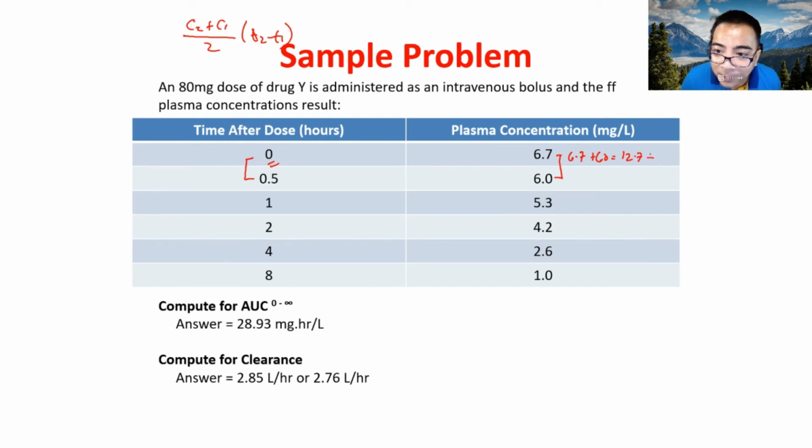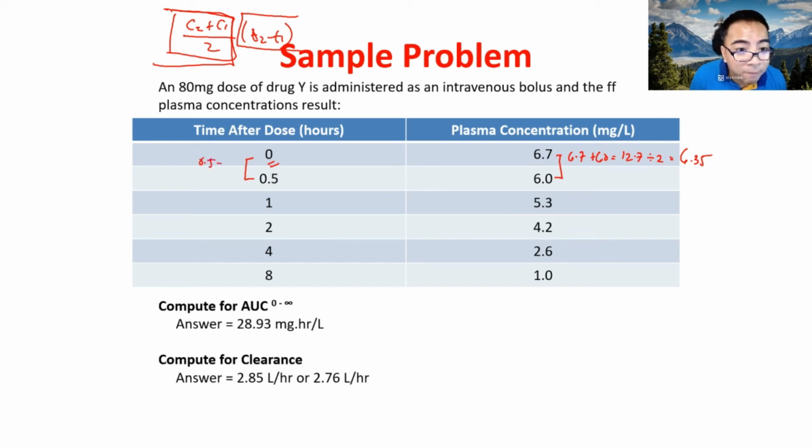Tapos, guys, i-divide ko siya by 2. Kasi ito yun, no? So, kumbaga, unahin ko muna yung values na to. Then, susunod ko to. Okay, so 12.7 divided by 2, we get 6.35. Now, dito naman, T2 minus T1, so that's 0.5 minus 0, and we get still 0.5.